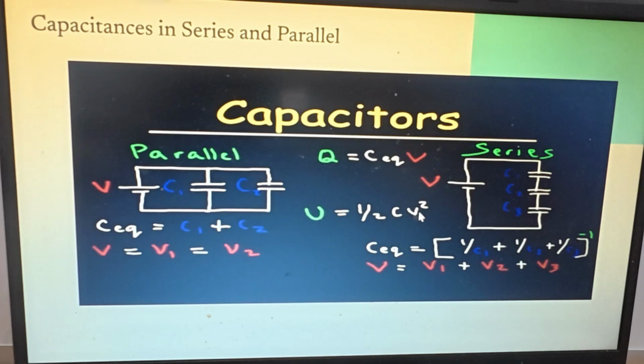Now contrast that with this one, which is capacitances in series. With capacitances in series, the voltages add to the total voltage, as you see here, and when they're in series like this, they add like resistances in parallel.